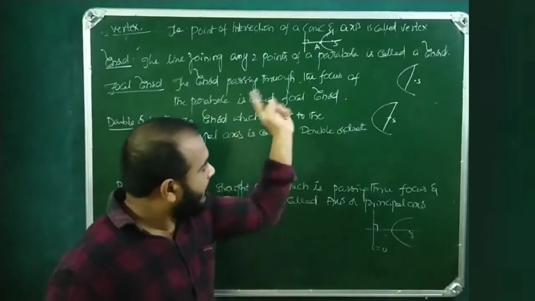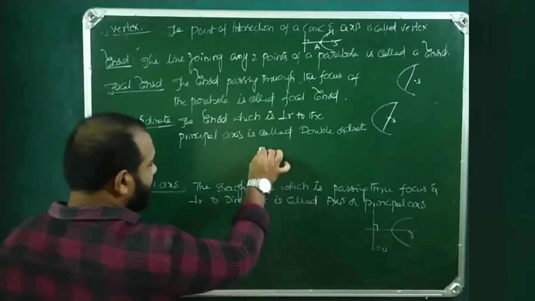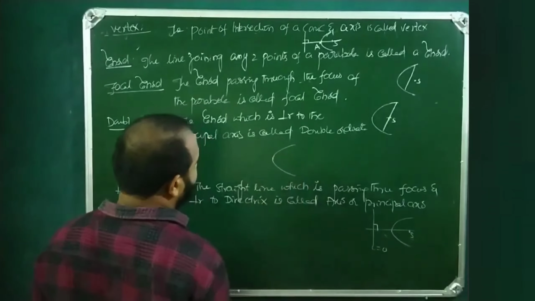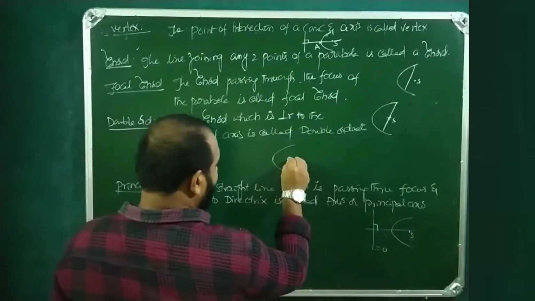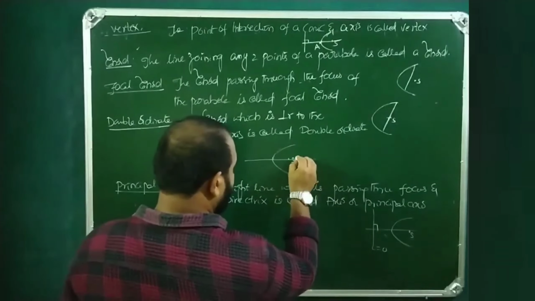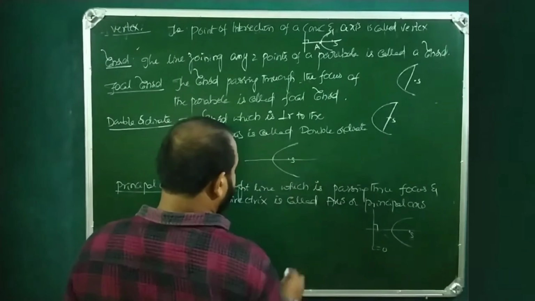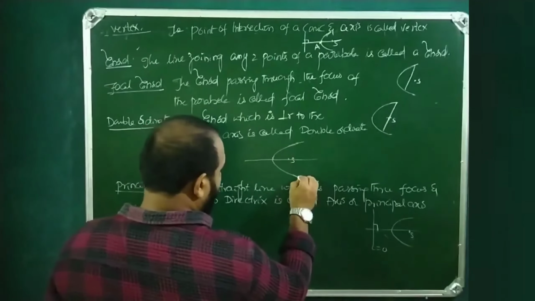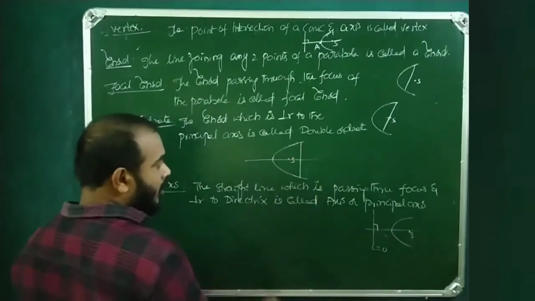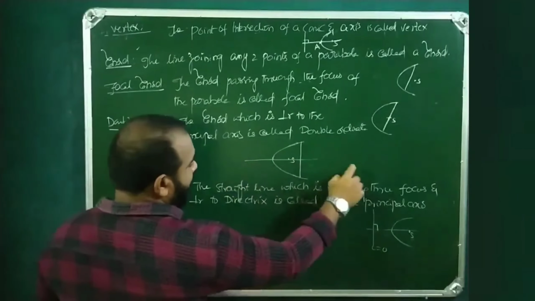The chord which is perpendicular to the principal axis. For example, this is my parabola, this is focus S, and this is my principal axis. The chord which is perpendicular to the principal axis.